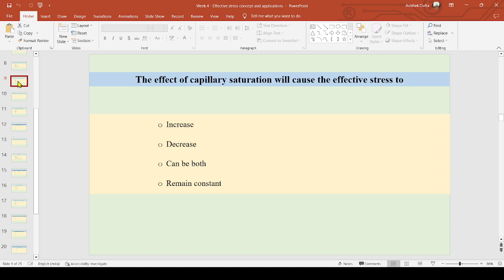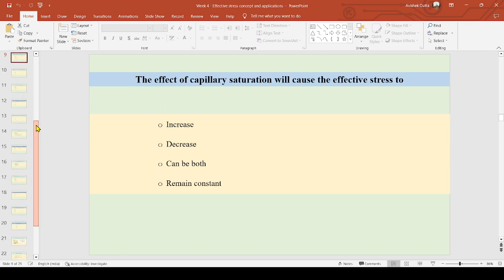Or it can be both depending upon other conditions which are not mentioned over here, or the effective stress will remain constant no matter how much the capillary suction increases or decreases.